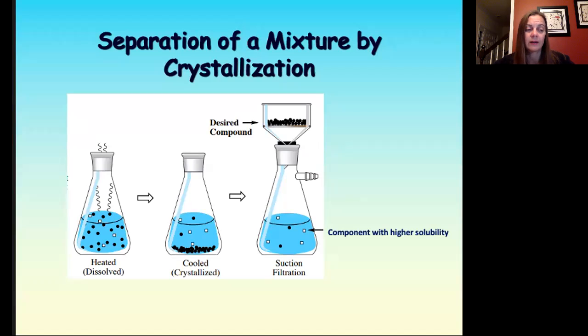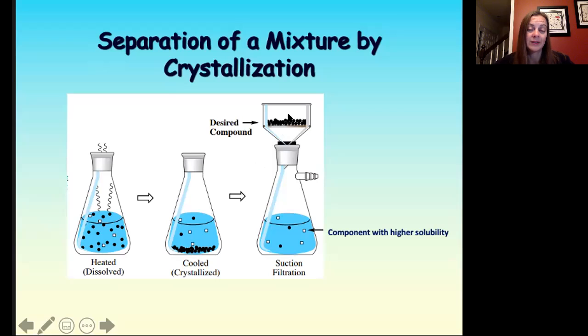So if one is more soluble at low temperature than another, then we can cool it to that particular point, separate out the one that requires more heat to be dissolved, and separate out the one that will then stay in solution.